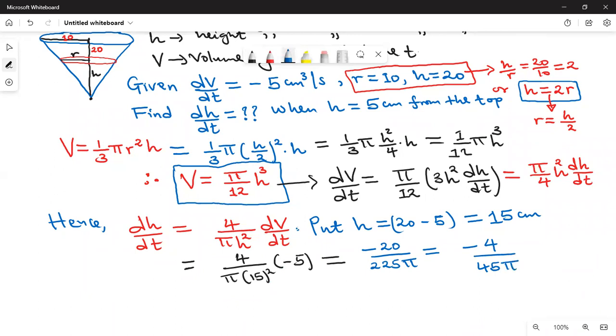And this is dh/dt. H is measured in centimeters, so this is centimeters per second. The negative means that the height is decreasing. So then, to conclude, you can now say that the water level is dropping at the rate of 4 over 45 pi centimeters per second when it is 5 centimeters from the top.